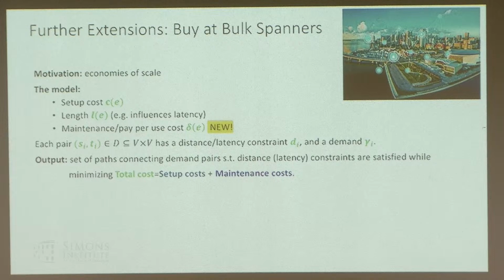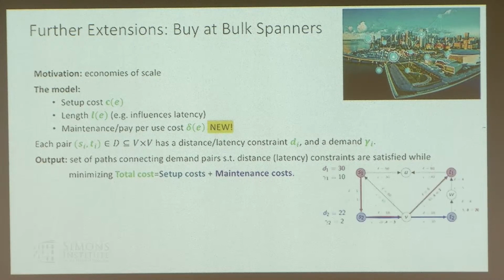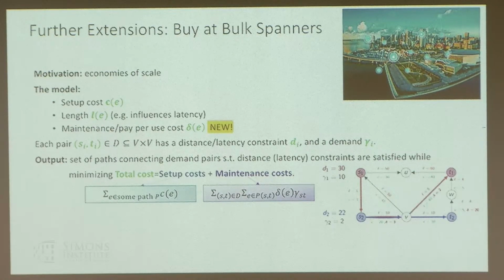And now we would like to optimize the total cost, which takes into account the maintenance cost, which essentially says that every time you use an edge, you have to pay. So this delta, the pay-per-use cost, appears proportionally in the number of times an edge is used.